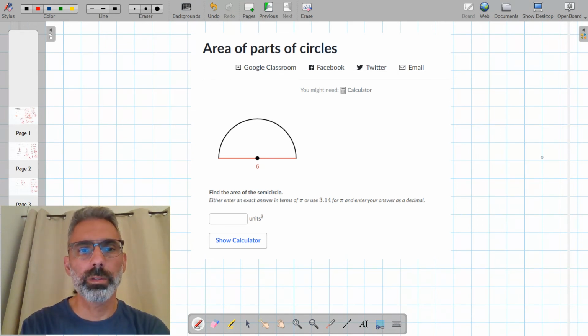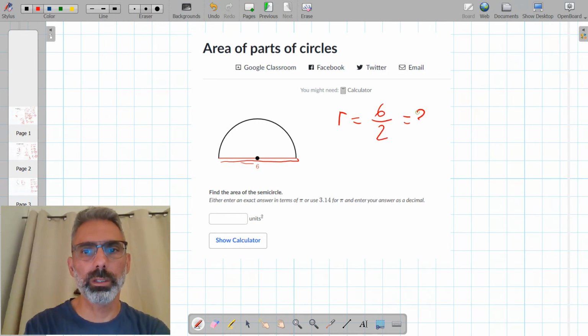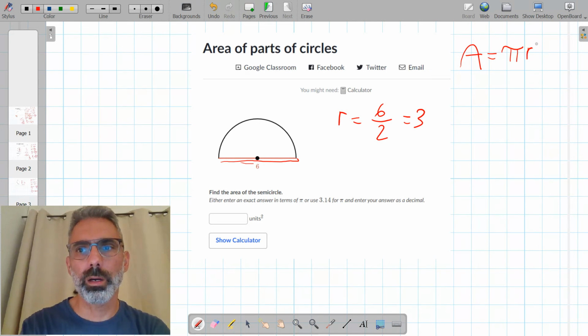Find the area of the semicircle. So again, here we have the length of the diameter, and the radius is half the diameter. So the radius is 3, and the entire area of the circle is pi r squared, which means that the entire area of the circle is pi 3 squared.